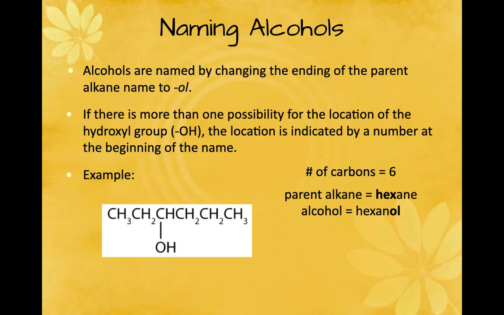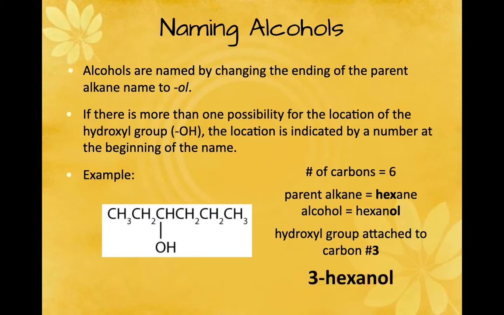Because that hydroxyl group could be on any one of those 6 carbons, we need to indicate which one. Remember, we always number the carbons so that whatever it is we're numbering has the lowest possible number. So we want to number it so that the OH has the lowest number. We number this one starting from the left, and that means the hydroxyl group is attached to carbon number 3. So we would call this 3-hexanol.